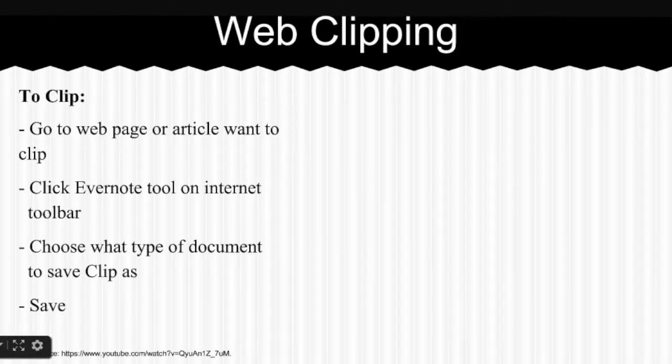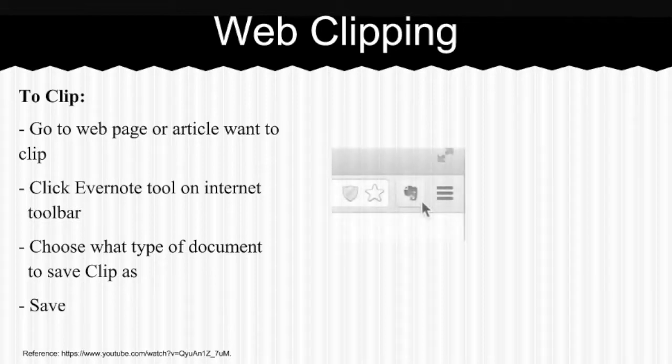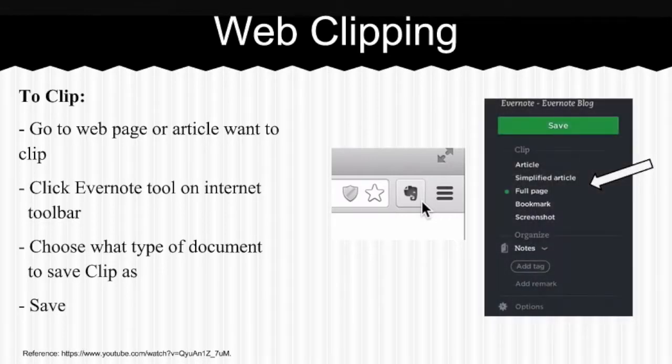Okay. So when you're web clipping, when you're utilizing that little elephant up on your toolbar, you go to the web page or article that you would like to clip, and you click on the Evernote tool on the internet toolbar. And like I said, that's just the little elephant that's up in your toolbar. And then once you've clicked on that, this will appear, and you will be able to choose the type of document you want to save the clip as.